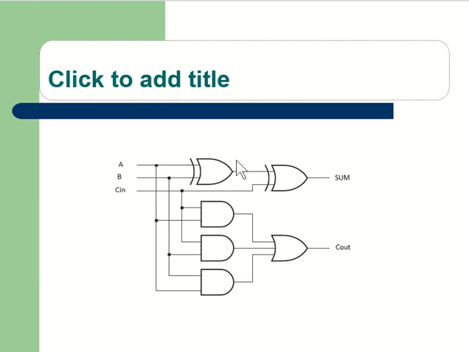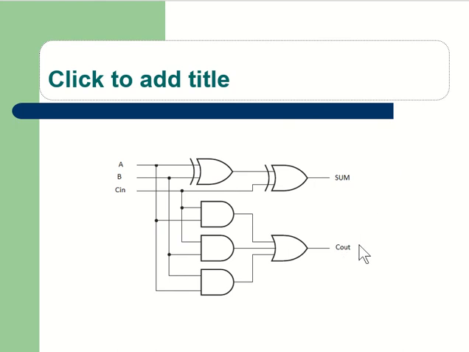The output of this will be A XOR B, and the final expression for sum is A XOR B and XOR with C. So here we have a second XOR gate. The output from the first XOR gate, that is A XOR B, will be applied to the second XOR gate with the second input being C in. So sum, I'll get as A XOR B XOR C.